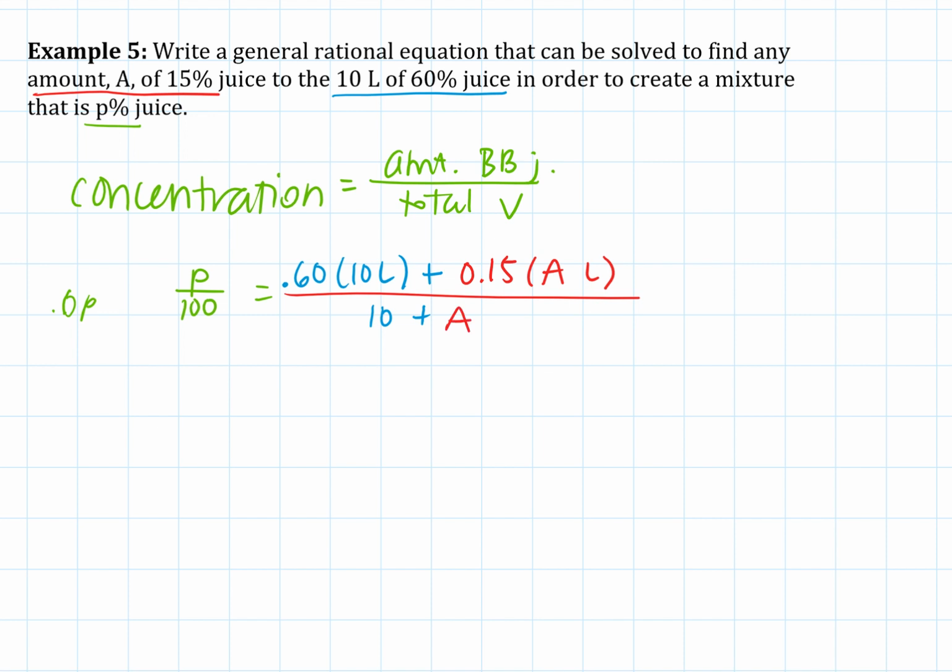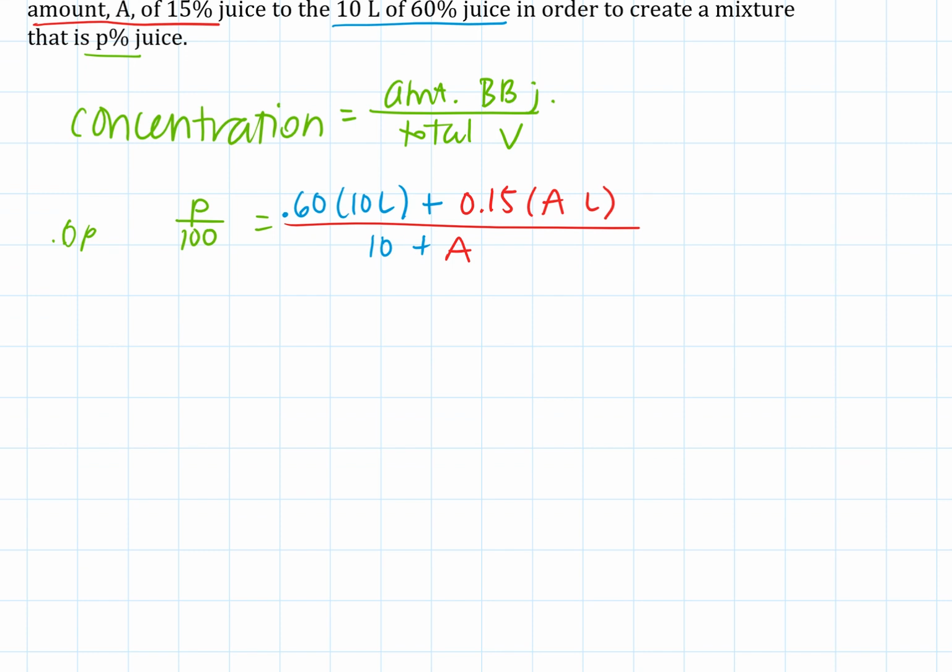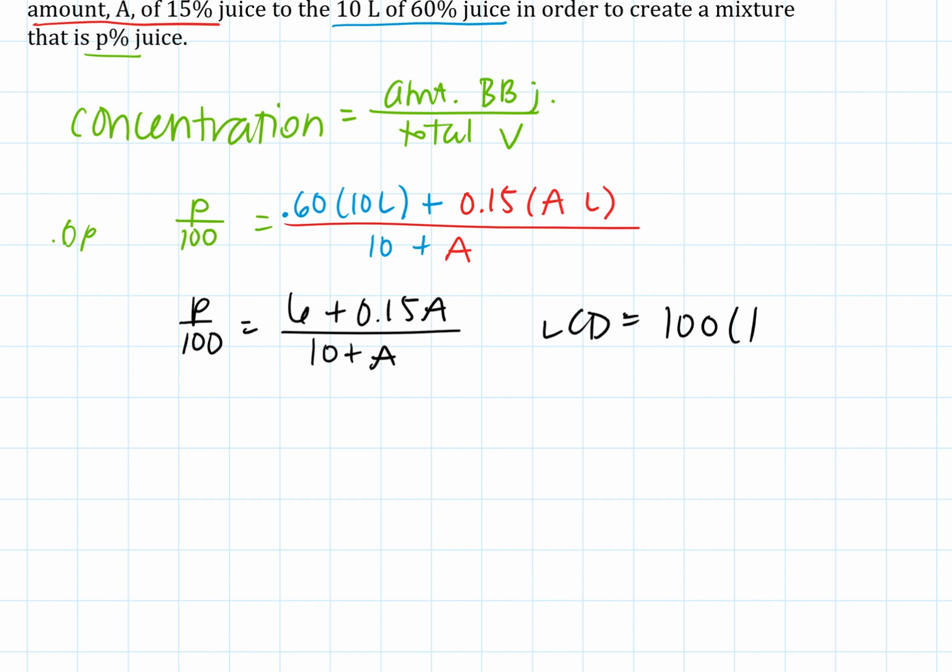Let's actually solve this by dropping our label. So I've got P over 100 equals (6 plus 0.15A) over (10 plus A). Again, get your least common denominator. I'll leave it to you to solve for A.